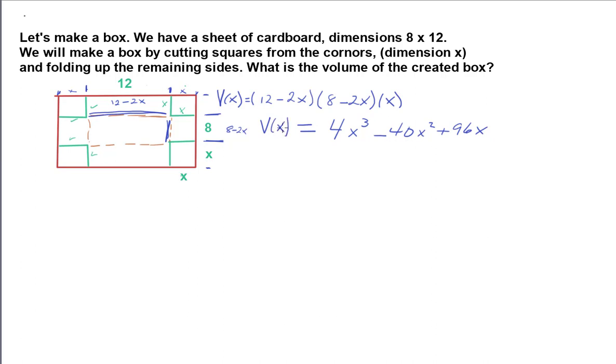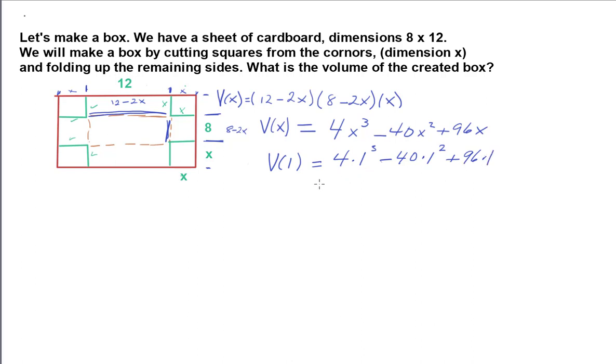And if we cut, let's see, it's 8 by 12. So if we were to cut, say, 1 inch squares, if these are just 1 inch, then we'd get a box that was just 1 inch high. But the volume of that box, V of 1, would be equal to 4 times 1 cubed minus 40 times 1 squared plus 96 times 1.